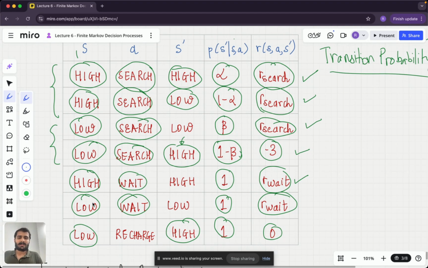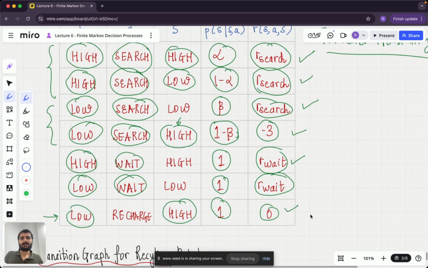And the last two are, if I am low and I'm waiting, my state will stay low and I get a reward of R wait. And the final case is if my state is low and I go back to the charging station, I recharge, my state will become high. But the reward here is zero because I'm not collecting any cans.